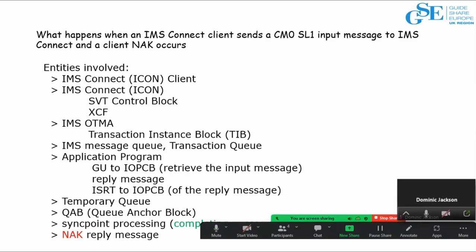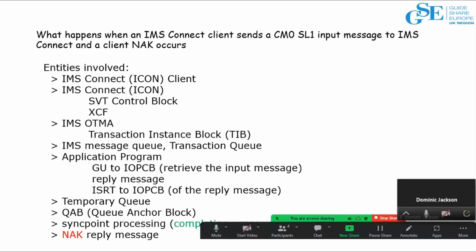The IMS Connect client notifies the user. Remember, since the IMS Connect client has sent out a NAK this time, it cannot go ahead and process the reply message, right? Because there is some malfunction somewhere in the process. So the IMS Connect client will notify the user of that particular malfunction.